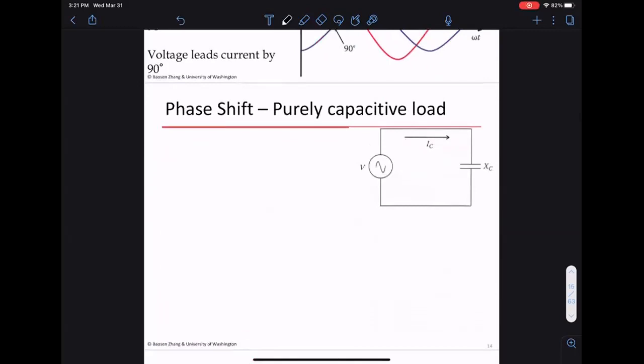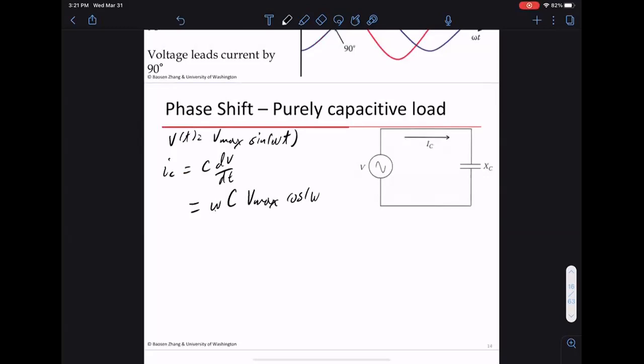The capacitor is a very similar story. Again, let's say v(t) is V max sine omega t. Here the current is the derivative of the voltage. So this is omega C V max cosine omega t.